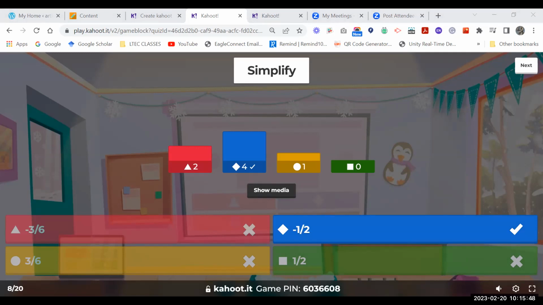How did you solve this? I did the butterfly method. Okay, you did butterfly. We'll do the butterfly method and then we do the common denominator. So 1 times 6 times 1 is, the sign is minus 3 times 5.